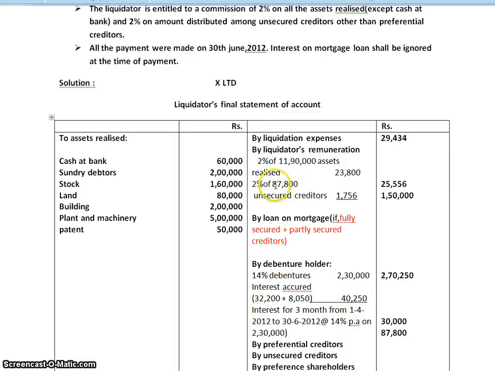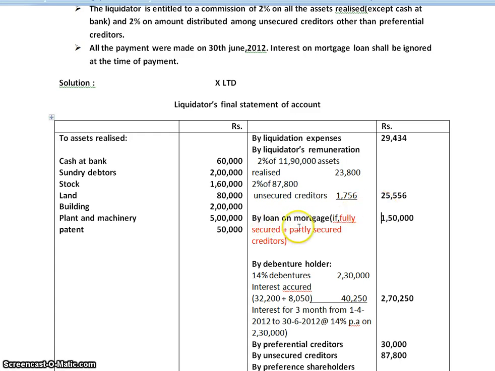This is the amount which will be paid to the unsecured creditors. On this also he will get 2% commission, so it is 1,756. So in total it will be 23,800 plus 1,756, which is 25,556.